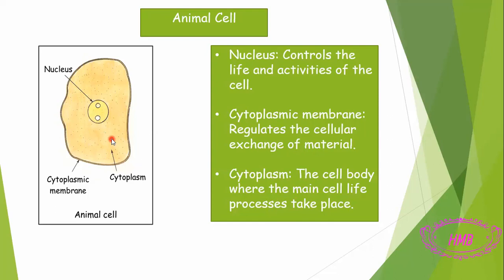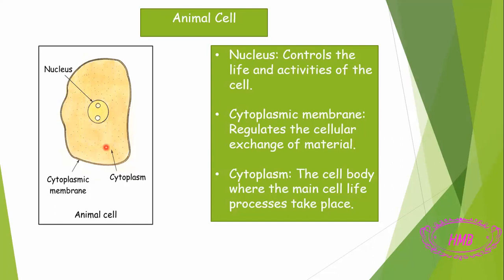When the cell takes the nutrients to produce energy, this action happens here in the cytoplasm. So the cytoplasm is the body of the cell where the nucleus is found, and all of the job of the cell happens here. You can say that the cytoplasm is the office of the cell. All of the work will be done inside the cytoplasm.